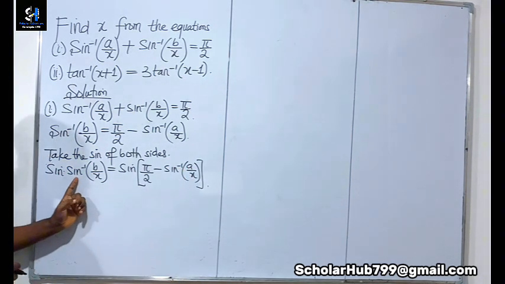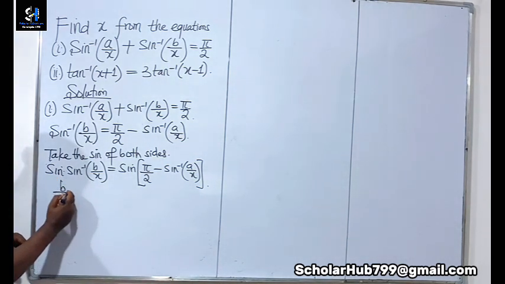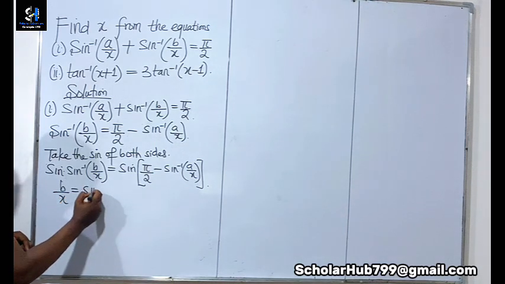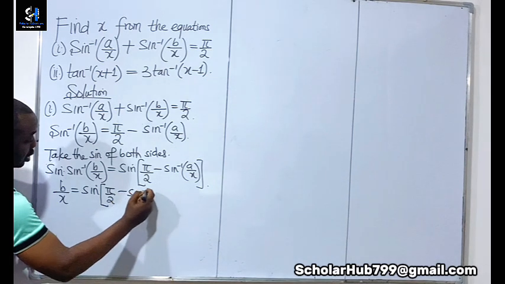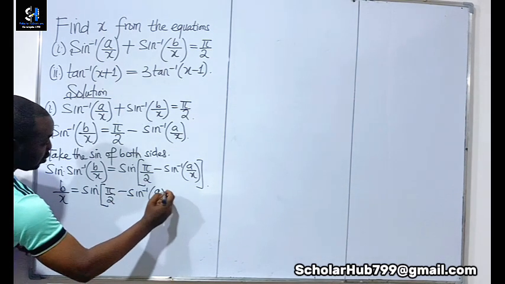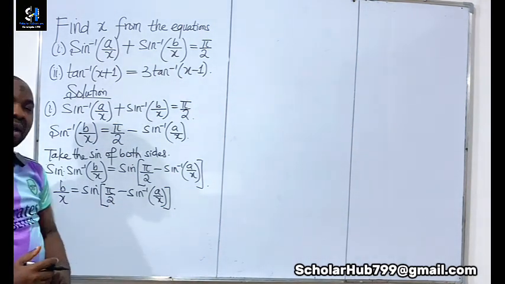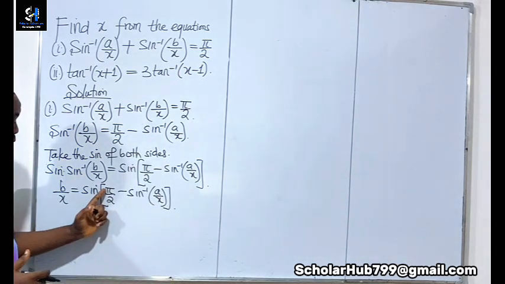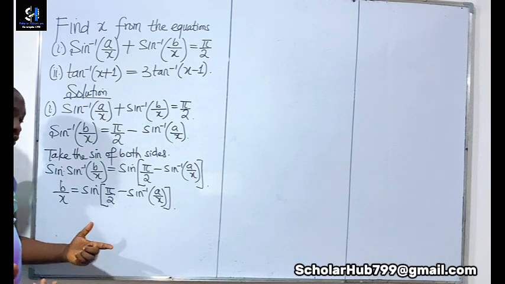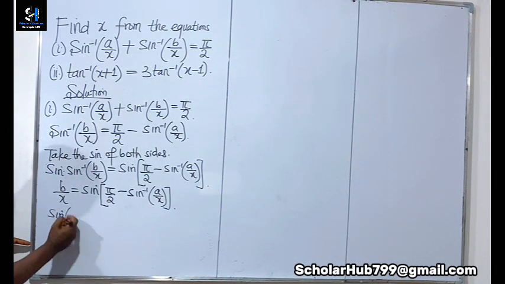Sine of inverse sine gives 1, so this reduces to b over x equals sine of pi over 2 minus inverse sine of a over x. This angle is in the first quadrant, because the pi over 2 we have here is 90 degrees.